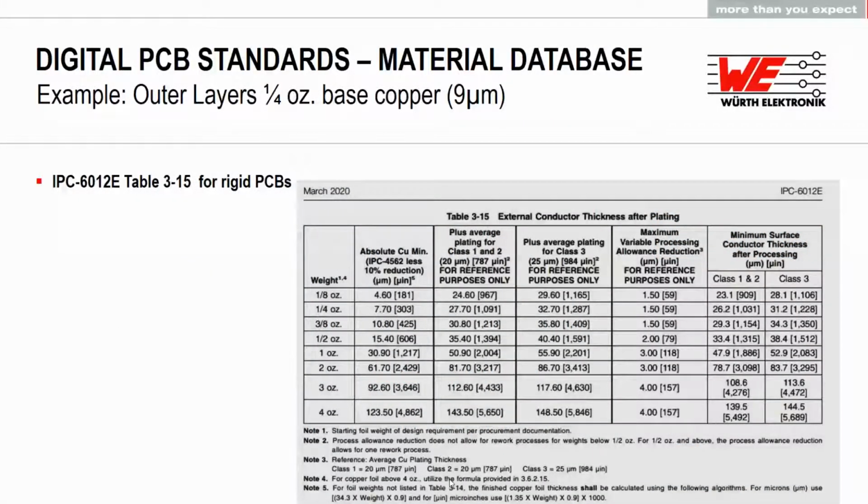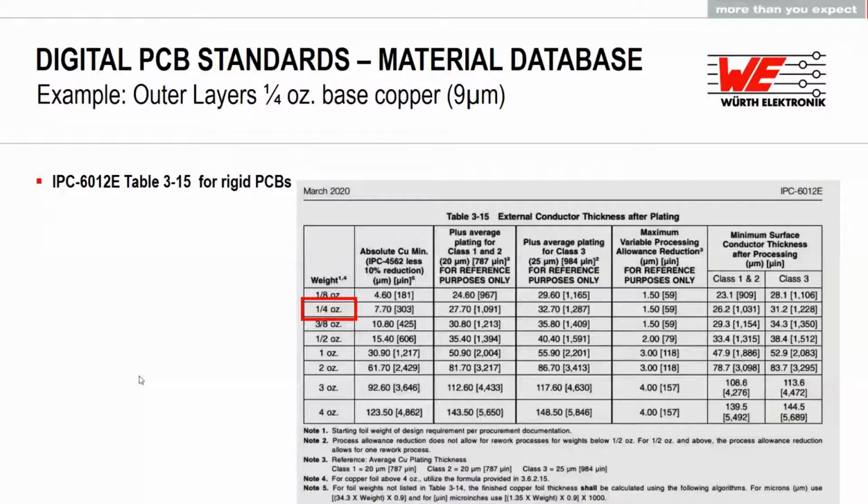And the first example is an outer layer with a 1/4 ounce base copper, which means 9 micron copper foil. And this is the line we have to follow, 9 micron starting.